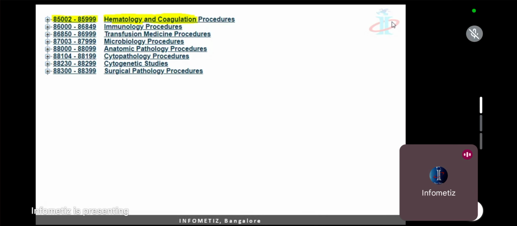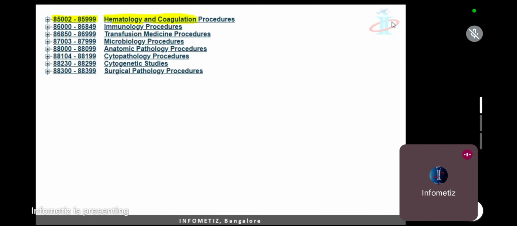That is 85002. 85004 is a blood count. Blood count automated means we are using a machine. What count do we need here? Only differential WBC.